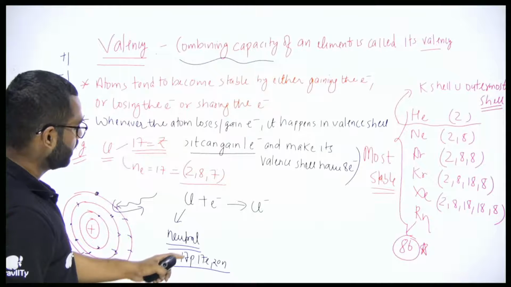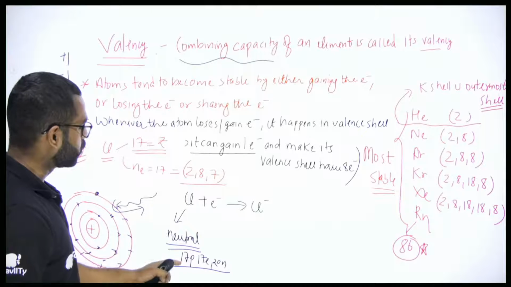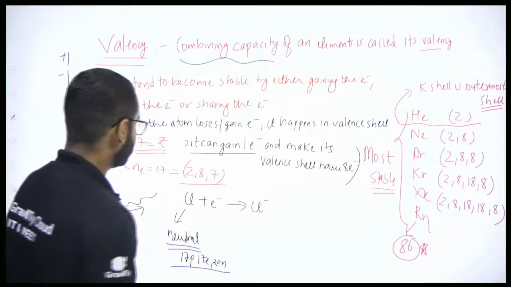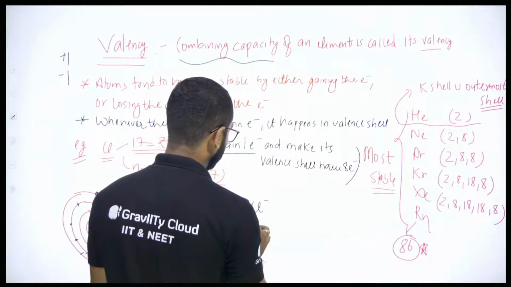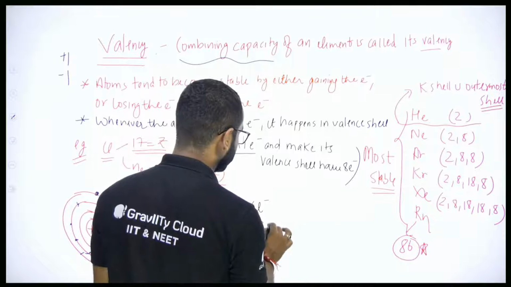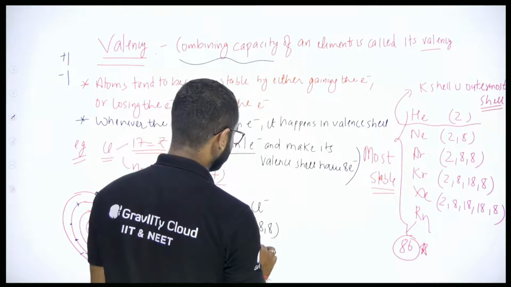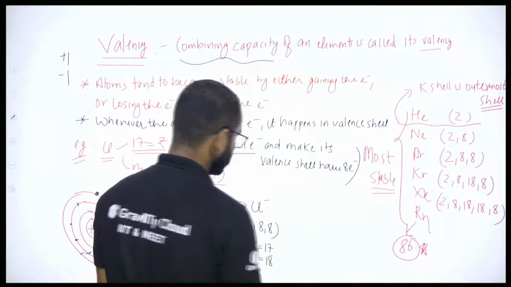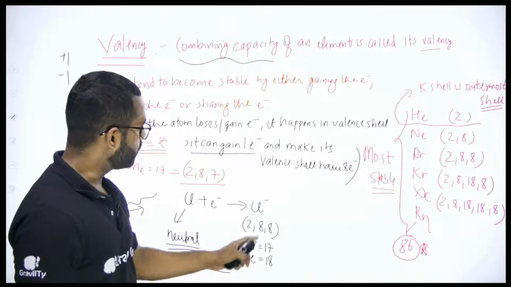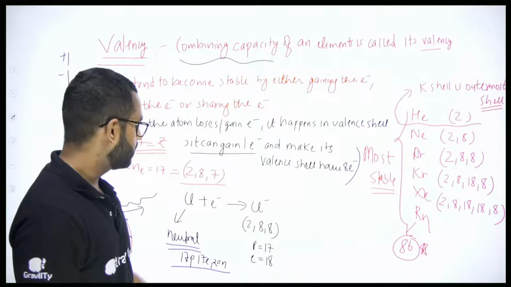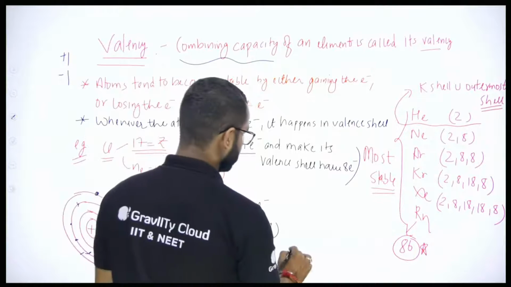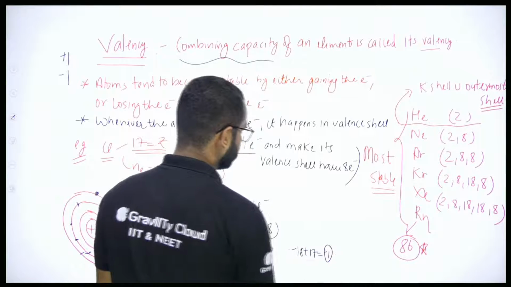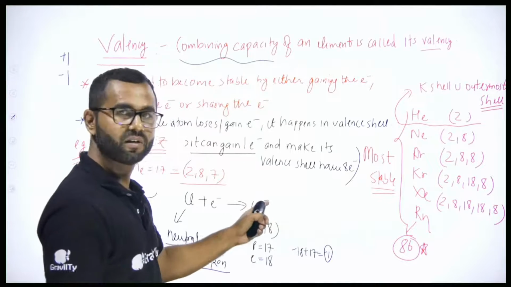So 17 protons plus 17 electrons is equal to neutral, 0 charge. But when it is Cl minus, 1 electron is extra. So the configuration is 2,8,8. Cl minus has protons 17, electrons 18. So -18 plus 17 is equal to -1. So that's why -1 charge here, right?